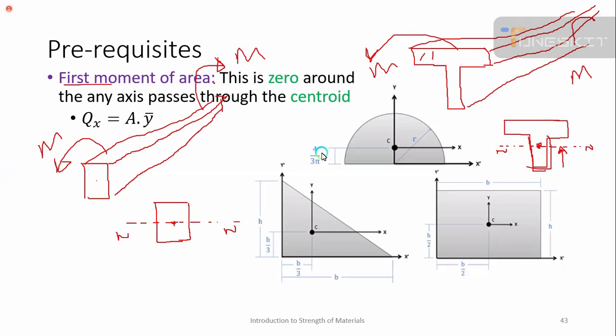For first moment, not inertia, it is area. Okay. Because we are dealing with the area, not mass. Therefore, it's area. Okay. First moment of area is 0 around the centroid. That's how you find the neutral axis.